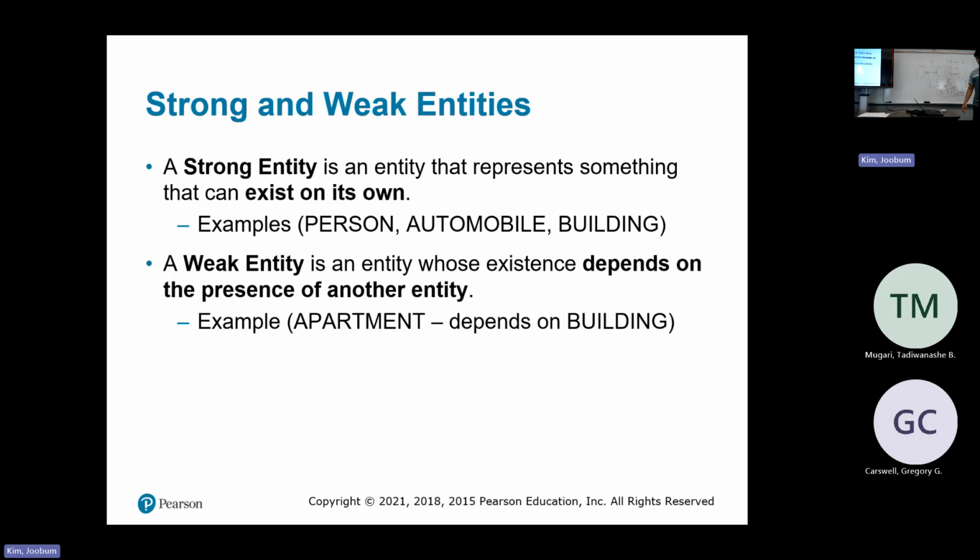For example, student, faculty, building, automobile, and so on and so on. It can exist on its own, but sometimes an entity should exist with the help of other entities.